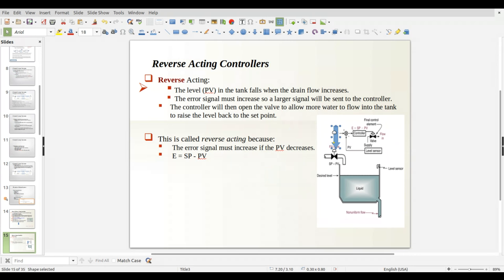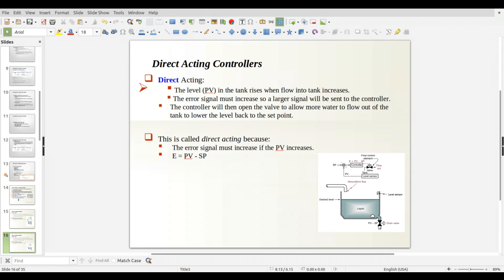All right, and as your process variable is going down, your valve has to open more. That's the reverse acting piece. Okay, that's why it's called reverse acting.